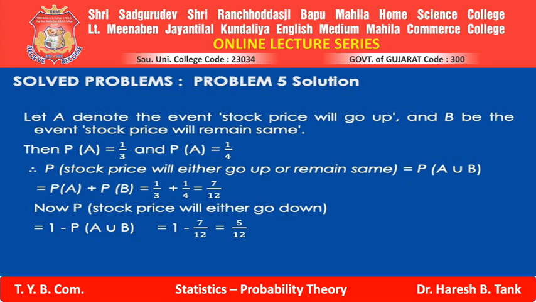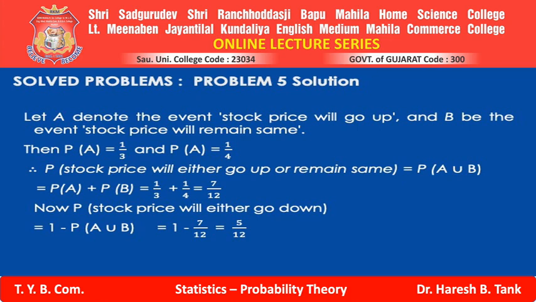So the probability that the stock price will either go up or remain the same, the connector is or, means it is union. So it is nothing but probability of A plus probability of B because they are mutually exclusive. So naturally it comes to 1 upon 3 plus 1 upon 4 becomes 7 upon 12.